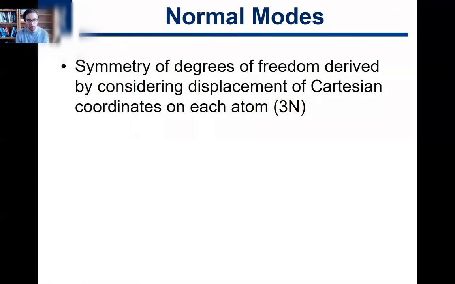So now that we know what the selection rules are for vibrational spectroscopy, in particular infrared spectroscopy, we'll get to Raman spectroscopy later on in this chapter. It's very similar.